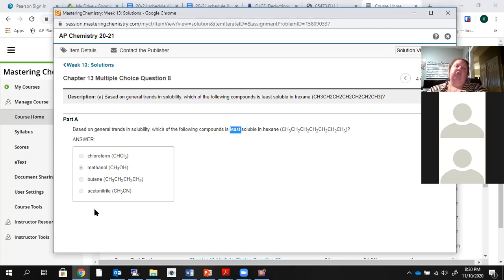Same thing with acetonitrile: it also is polar because it's not totally symmetrical. But that hydrogen bonding is really going to affect methanol. Since hydrogen bonding is basically as far away as you can get from the London dispersion forces in those nonpolar molecules, methanol would be the least likely to dissolve in hexane.